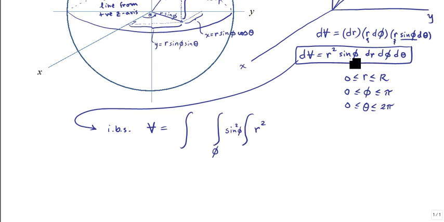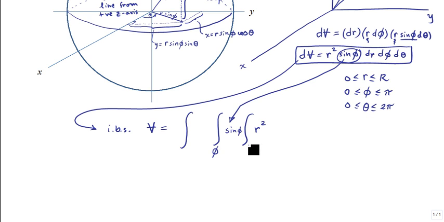First of all, that shouldn't be sine squared, it should just be sine phi, which came from this term here, and it's nested within the phi integral.